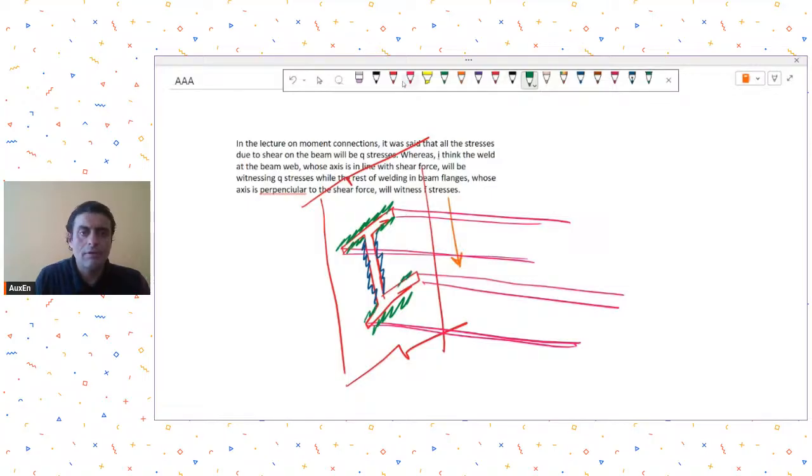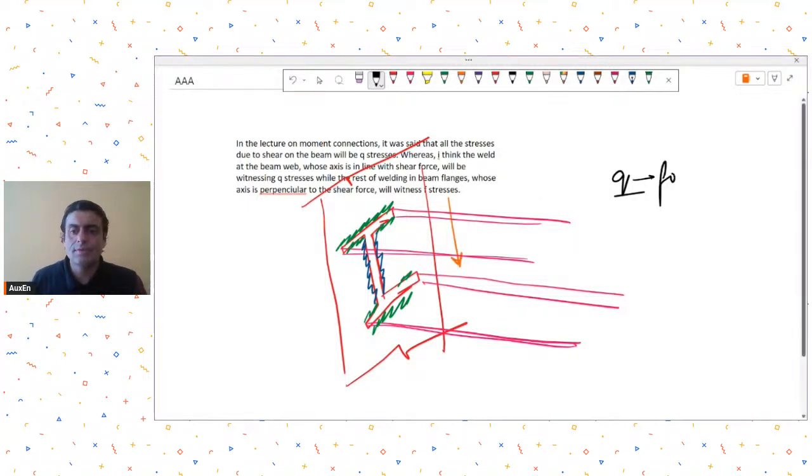Generally our code classifies two types of welds on the basis of their design action. One are called the Q stresses, or the welds having Q stresses, that is when the force is in the plane of the weld.